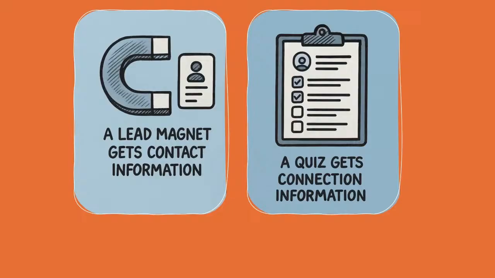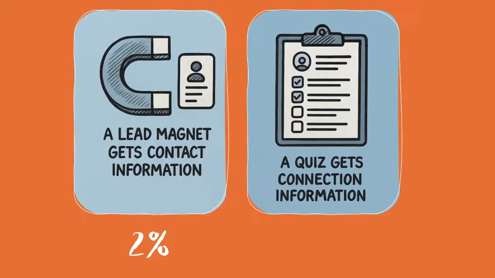And then you can tailor your advice and your email follow-up and your webinar and your offer, etc., in accordance to this connection information over and above the one-size-fits-all contact information.